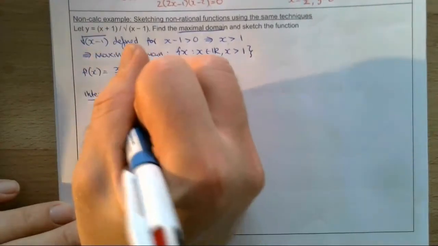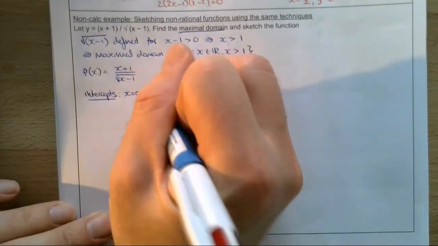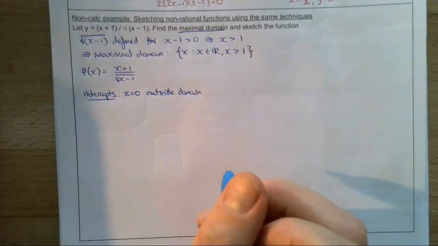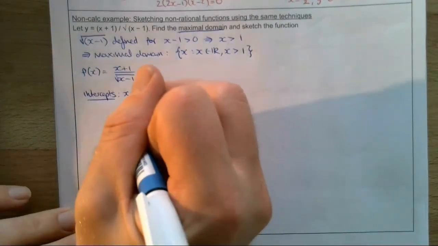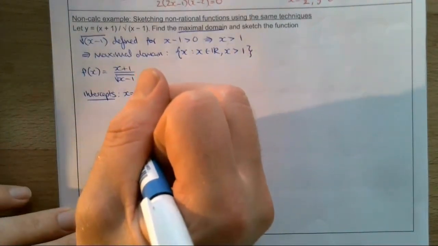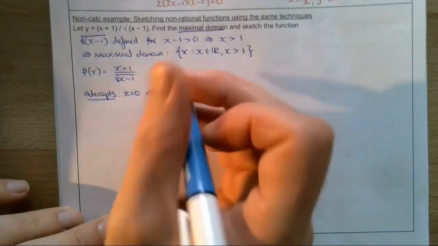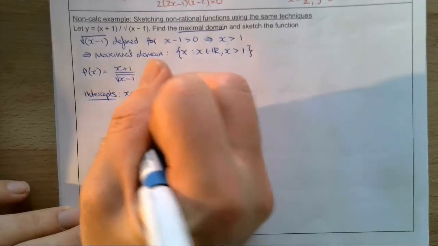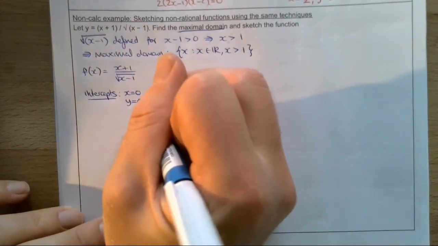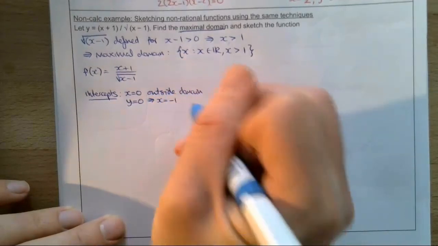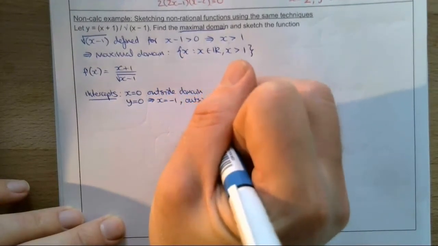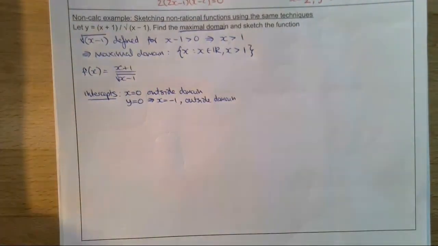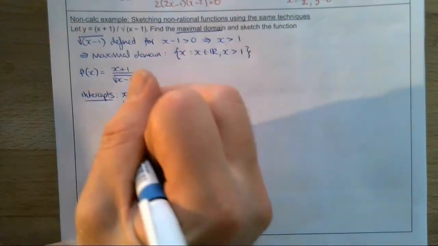First thing, well, x equals 0 is outside the domain, so that's not going to yield any intercepts. Y equals 0 is only going to happen if x equals minus 1, but that is also outside the domain. And so I'm not going to have any intercepts.